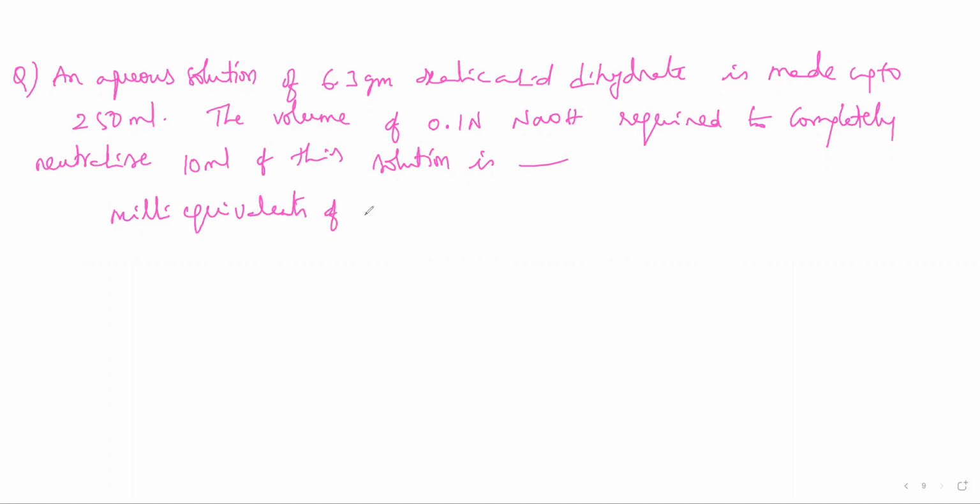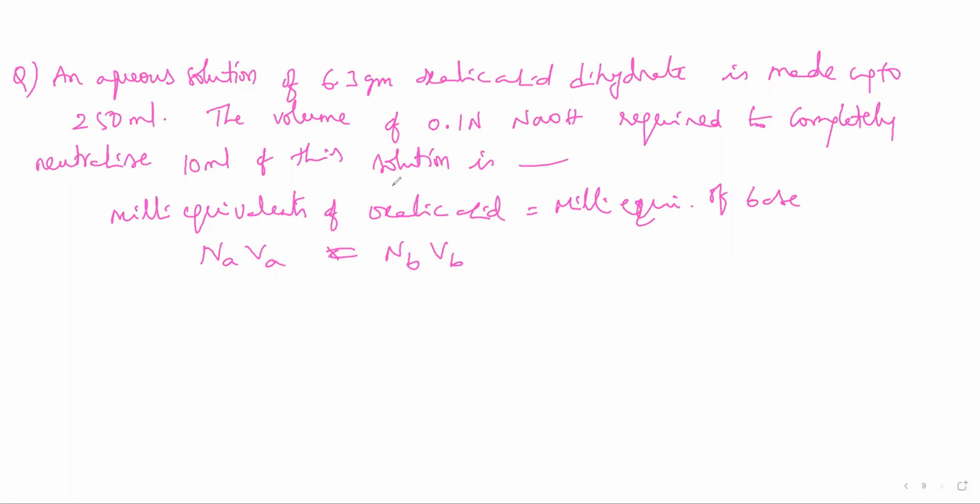Neutralization means milli-equivalents of acid should be equal to milli-equivalents of base. What is the base? NaOH. Right. So milli-equivalents means normality of acid into volume of acid is equal to normality of base into volume of base.